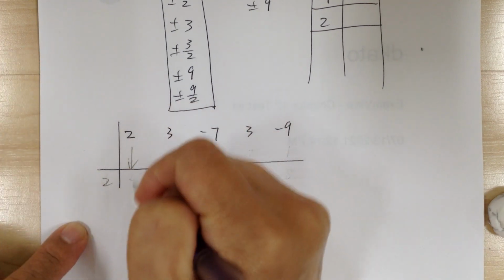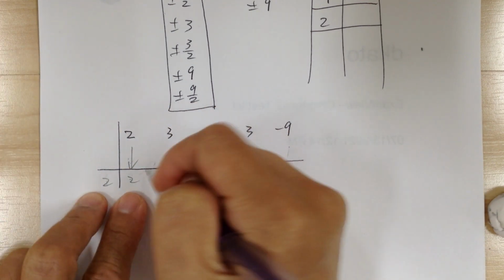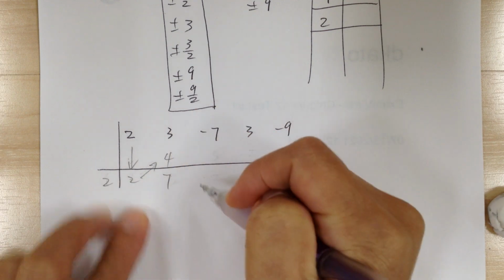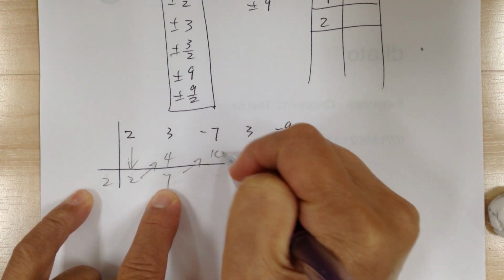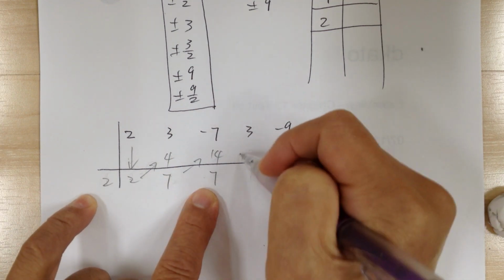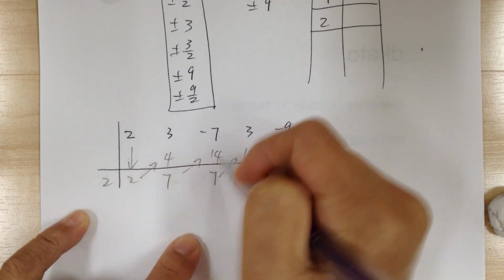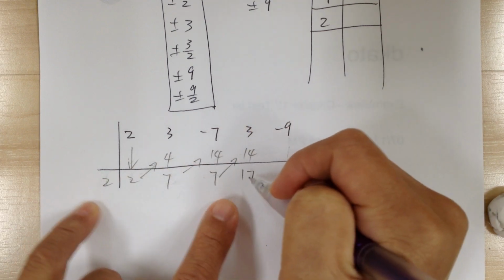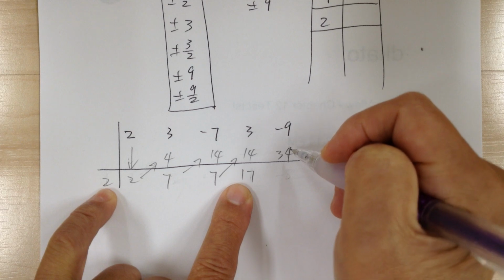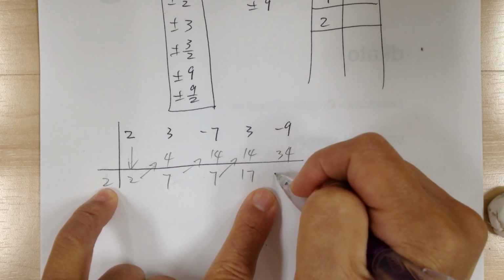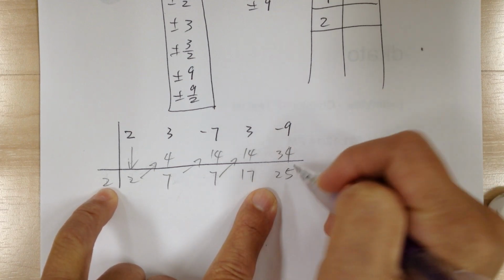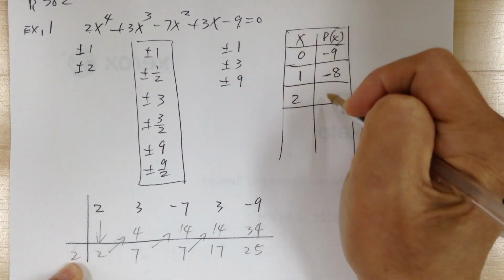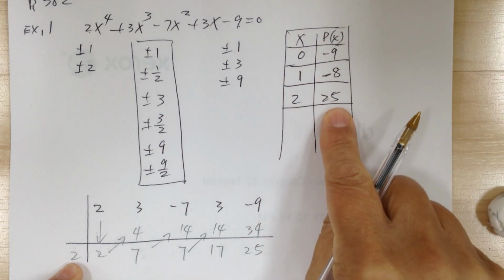Okay, so drop, multiply, add, multiply, add, multiply, right? Again, you multiply, add, multiply, and add. So when I try 2, I get 25, so way over, okay?